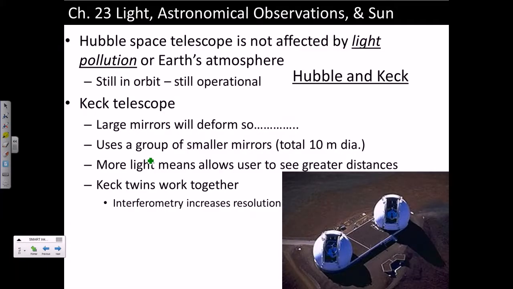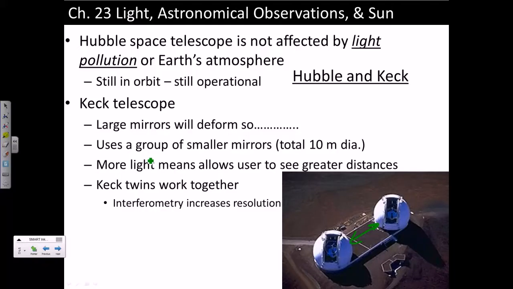Well, one of those examples is the Keck telescopes. The Keck telescopes are housed in these two observatories here. And instead of one large reflecting mirror, they're made of multiple mirrors that give a total diameter of about 10 meters. Okay, so each telescope now has a 10 meter diameter mirror.